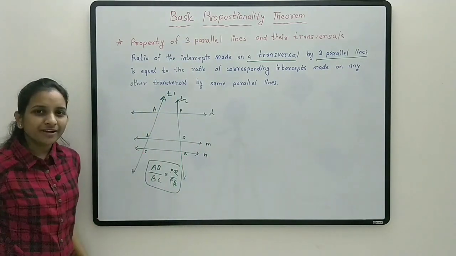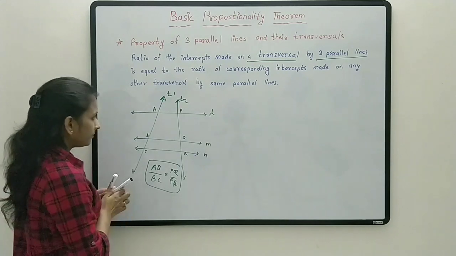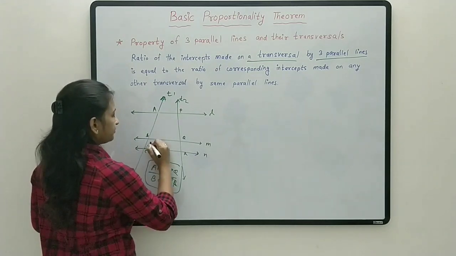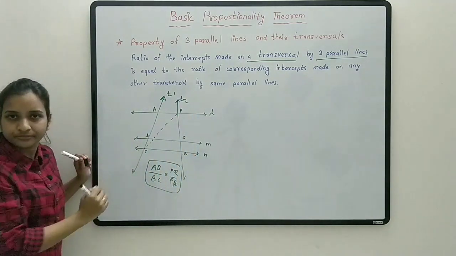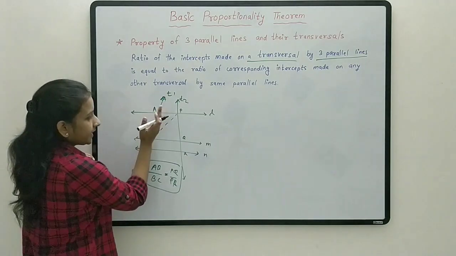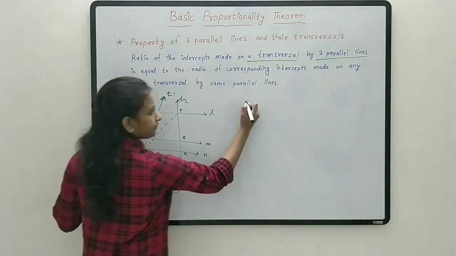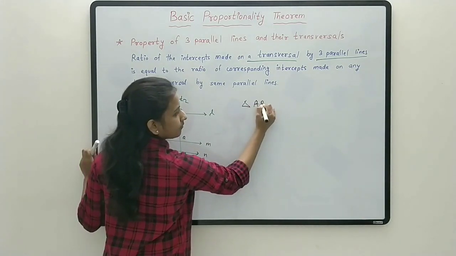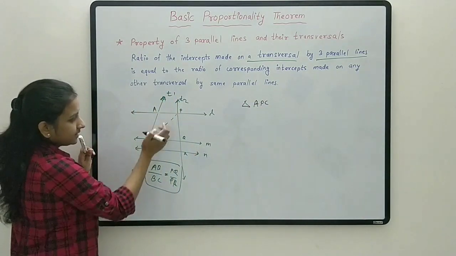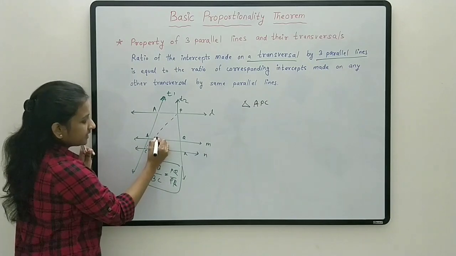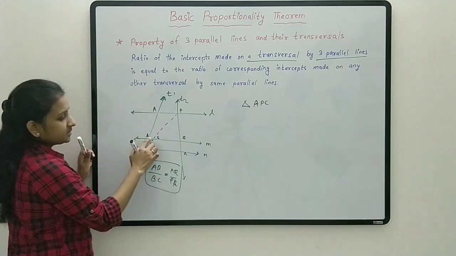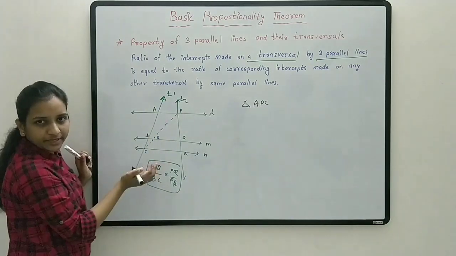Now let's prove this property using the basic proportionality theorem. Here I am doing one construction. Just join PC. Now there are two triangles. First is APC. Now focus on triangle APC. In this triangle, take this point as S. This BS is parallel to AP.